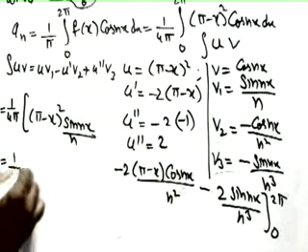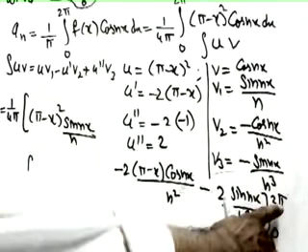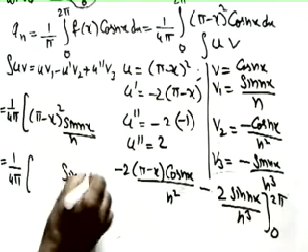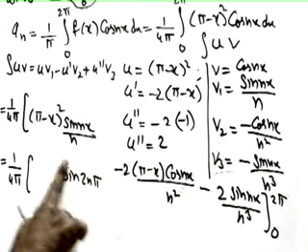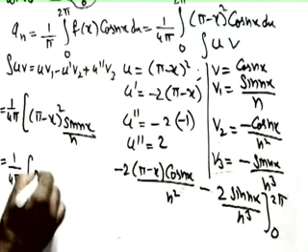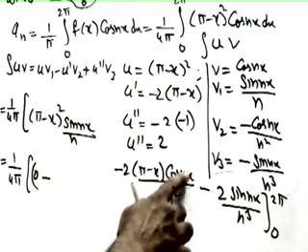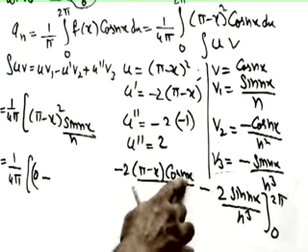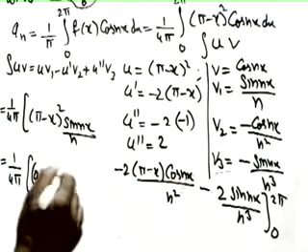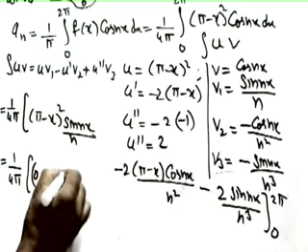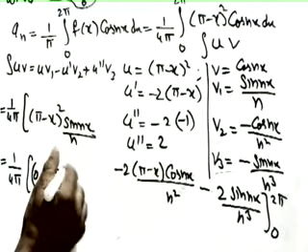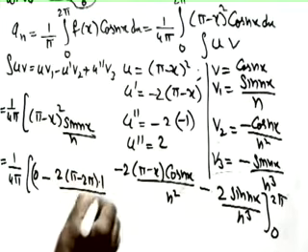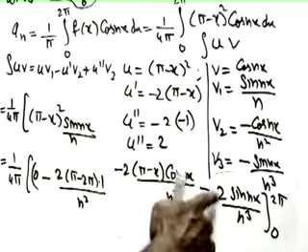Okay, now what is the formula we are having? Upper limit minus lower limit. Upper limit means we have to keep 2 pi in place of x. If we keep 2 pi here, it will be sine 2 n pi, which I showed in the starting is 0. This is 0 minus, cos 2 n pi is 1, so 1 into minus 2 will be minus 2 into, in place of x we are putting 2 pi, so this will be pi minus 2 pi into 1 by n square.